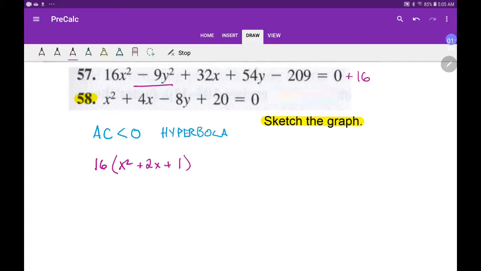I'm going to factor out a negative 9 from the y squared and from the 54, so I get a negative 6. A perfect number there would be 9. But wait a minute, it's really a negative 81. 9 times 9 is 81.